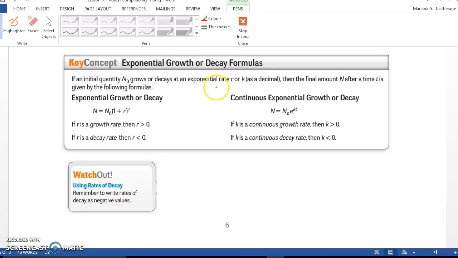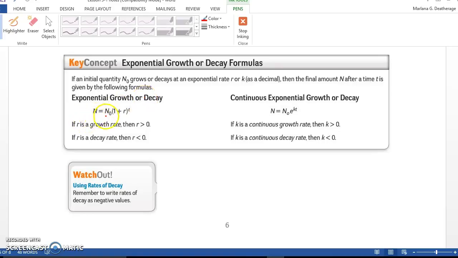If it grows or decays at an exponential rate, either R or K, depending on which one you're looking at, as a decimal, so if it's 6%, it'd be 0.06. Then the final amount, N, that was what our A was in our other problem, after a time T is given by the following formulas.